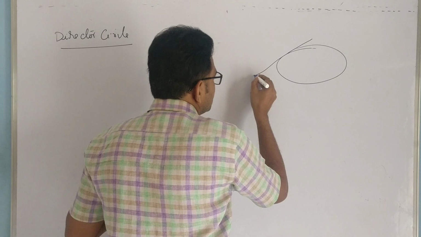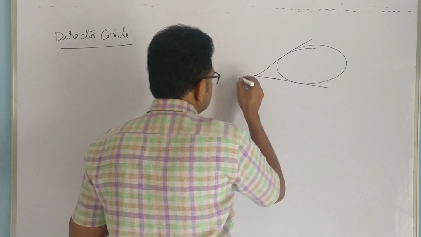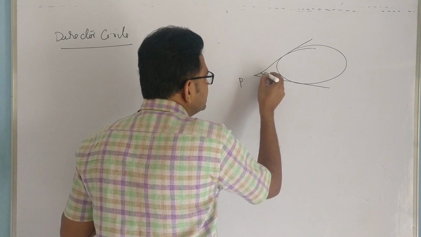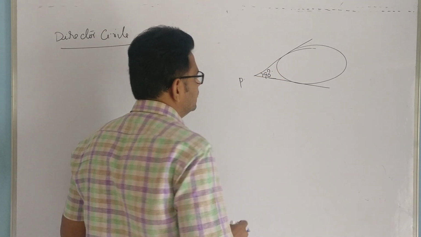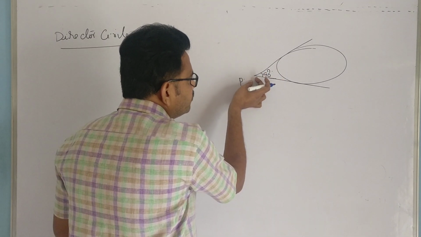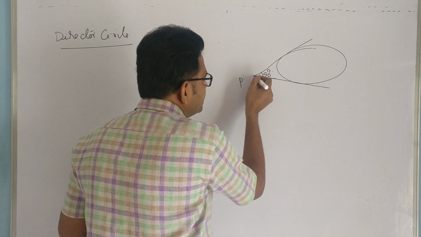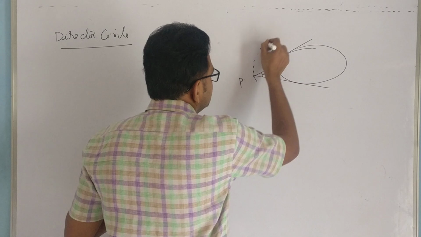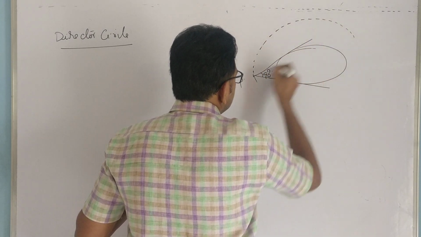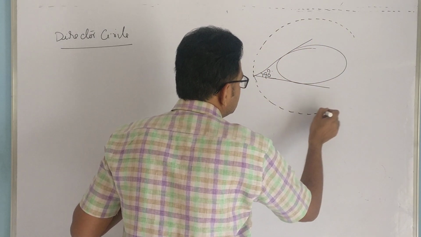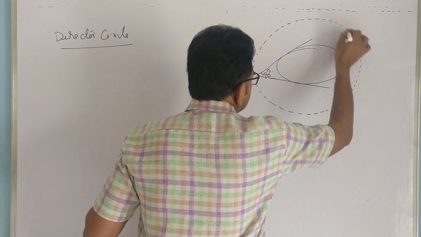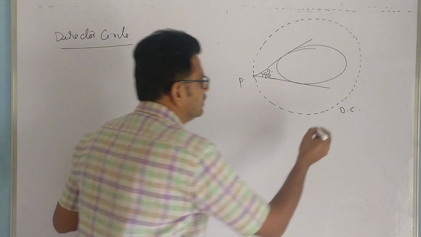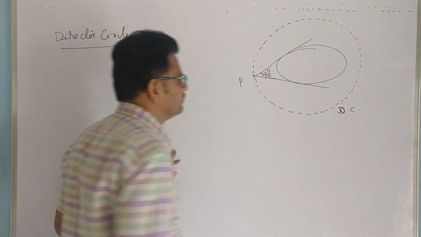Two tangents are drawn from an external point P. If the angle between the two tangents is a right angle, then the locus of the point of intersection of perpendicular tangents of an ellipse is a circle concentric with the given ellipse. This is called the director circle.